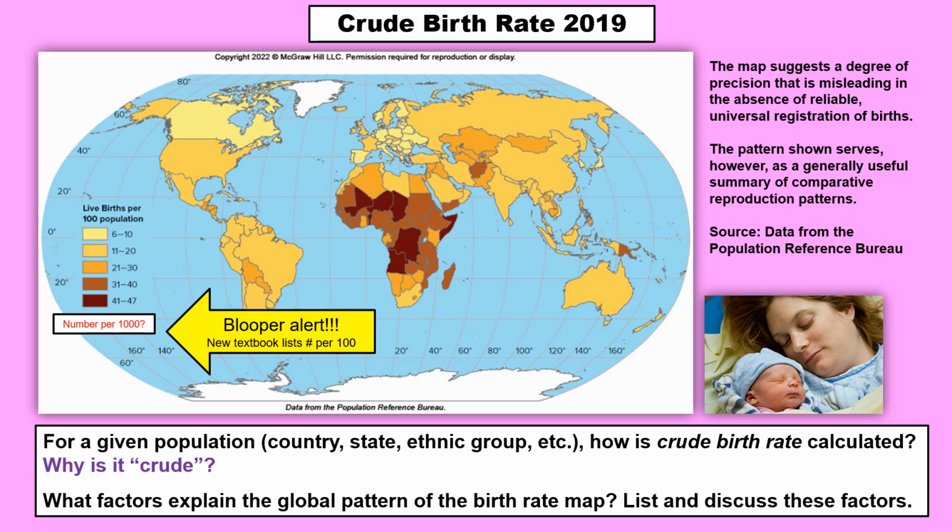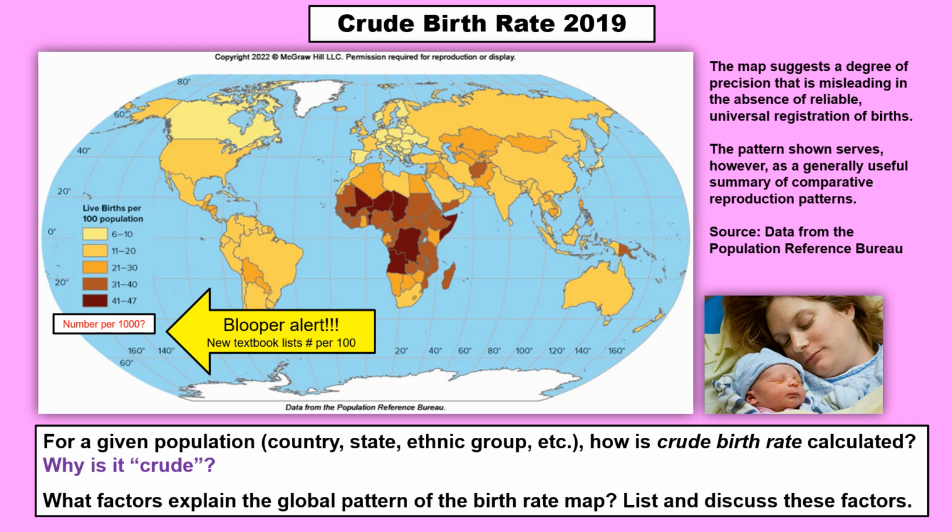Why is it greater here and less there? Discuss the geography of it. Well, overall, it's because of development. The countries that are the most agrarian, it's an advantage to have a large number of children. Whereas in the developed world, children can be more of a liability, people delaying marriage, more women in the workforce, and so forth.